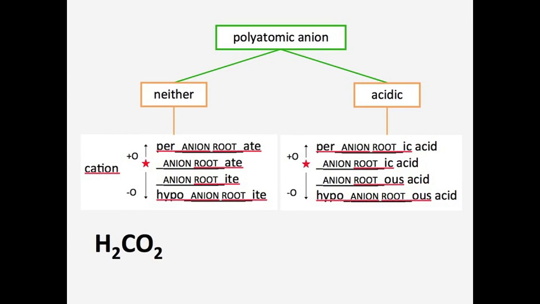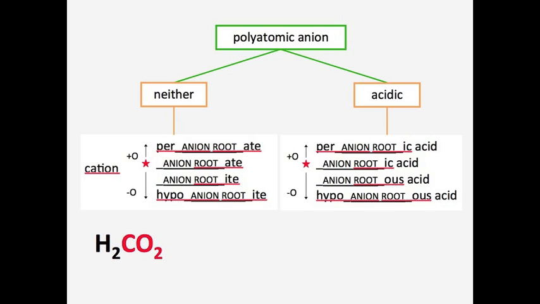Here's an example, H2CO2. The presence of hydrogens at the beginning of the chemical formula indicates that this is an acid. There is no aqueous label, but this does not change its classification as an acid, since ionic compounds with polyatomic anions are acidic even without the aqueous label.